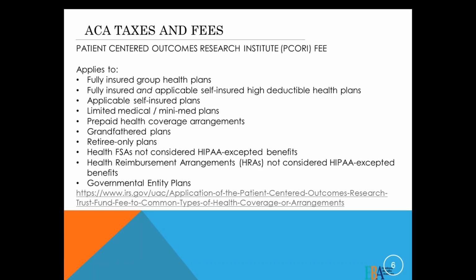Employers who are the plan sponsor for both a self-insured or self-funded group health plan and a non-HIPAA excepted health FSA or HRA that have the same plan year only have to pay the fee once. If the employee or dependent is covered by both a self-funded group plan and the non-HIPAA excepted health FSA or HRA, the covered individual is only counted once, not twice.